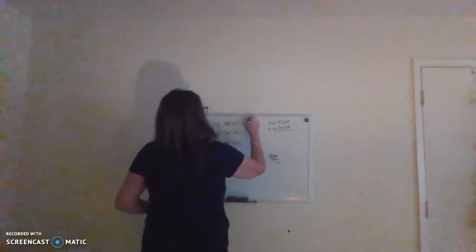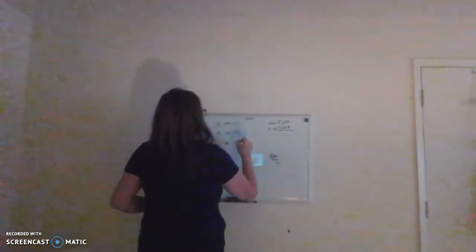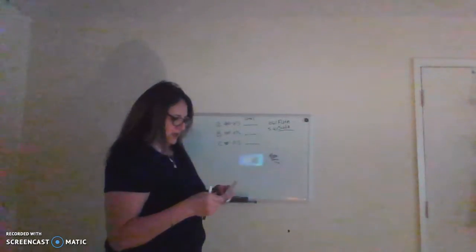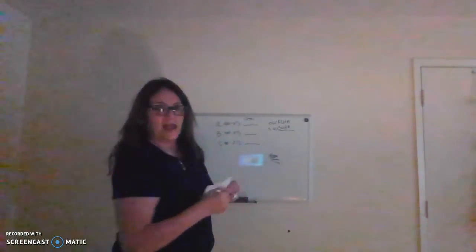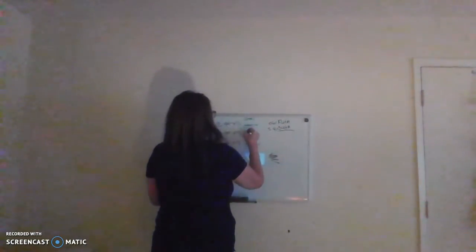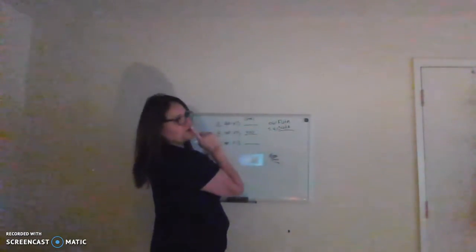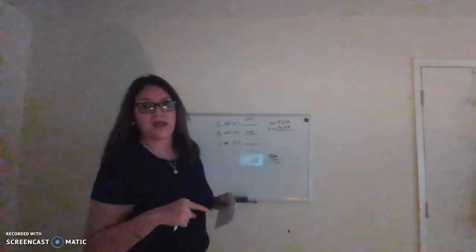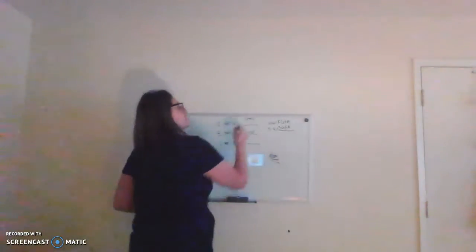For quarter 1. I'm sorry, I skipped the first employee, but 400 times 13 on employee A is $5,200.